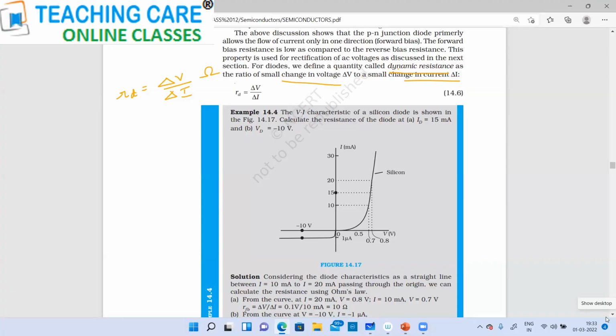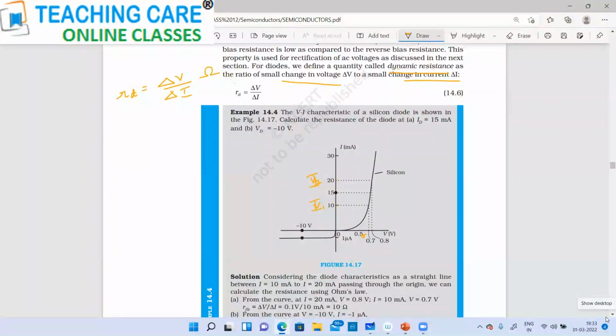So we are taking two different points like this. Let us take this as V2, V1. And here this is your I1, I2. This is your V1 and V2. What is the dynamic resistance? Change in voltage divided by change in current.